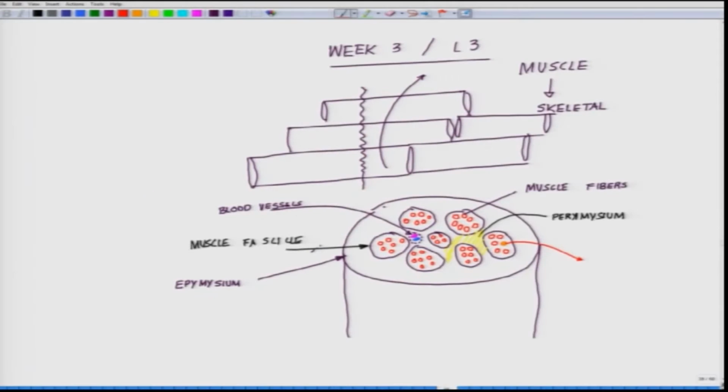If you remember, you see here the individual muscle fibers which are present there. I told you that these are the individual fibers. So, now what we are doing, we are looking at the individual muscle fiber. So, do not get confused.